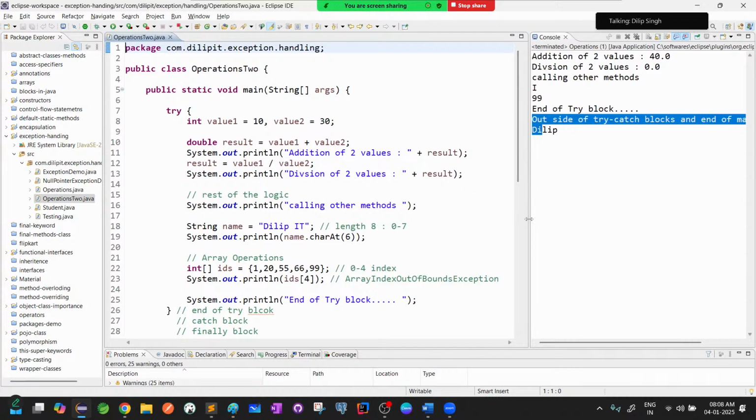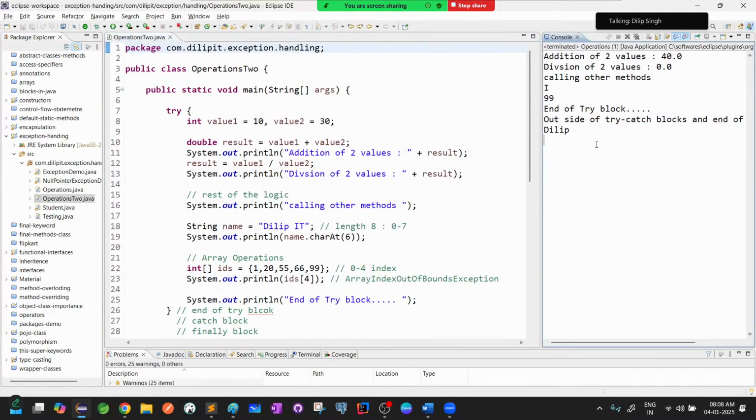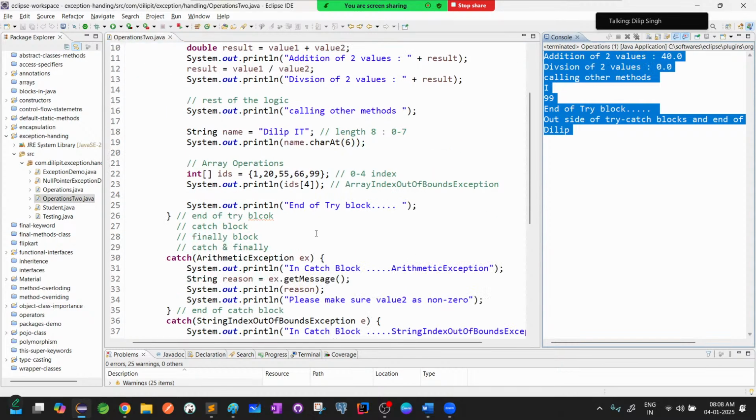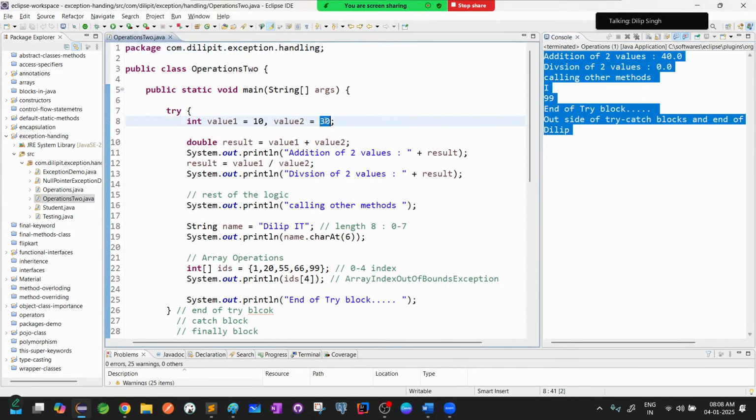Now see here, this is all good. It will execute as expected and you got this output. Now my point is, assume again user gave value 2 as 0. Now what will happen, guys, in this case?